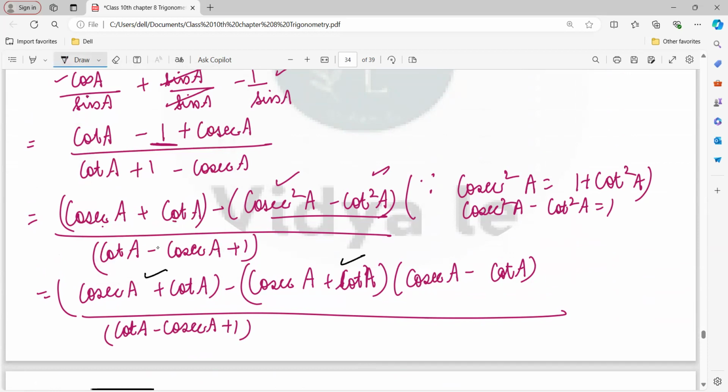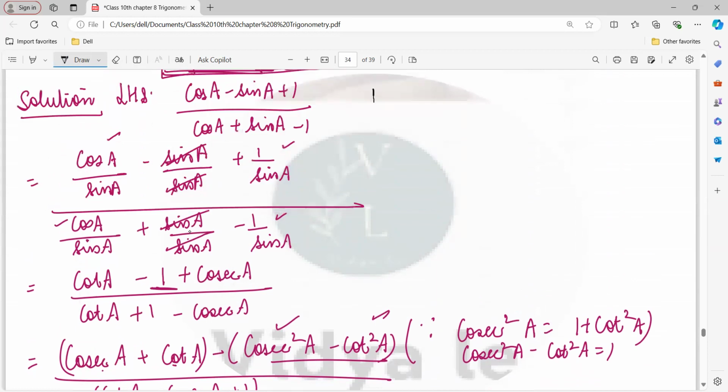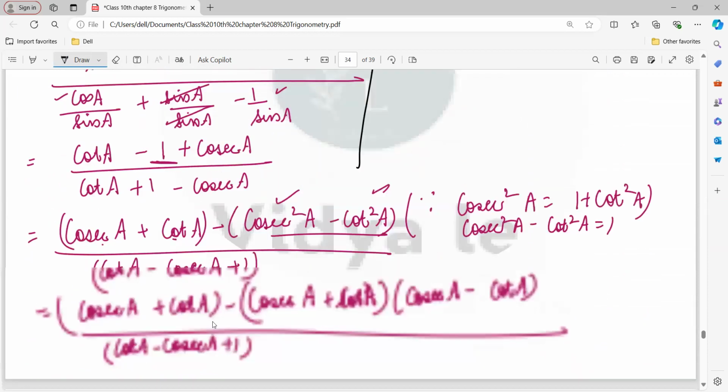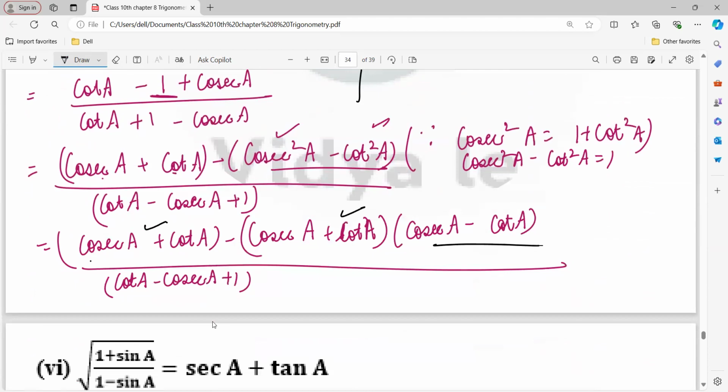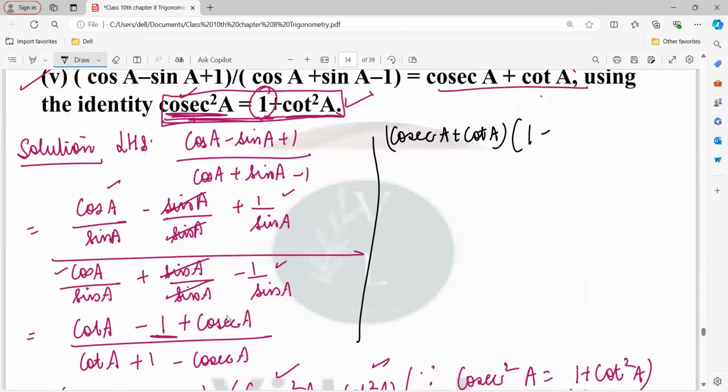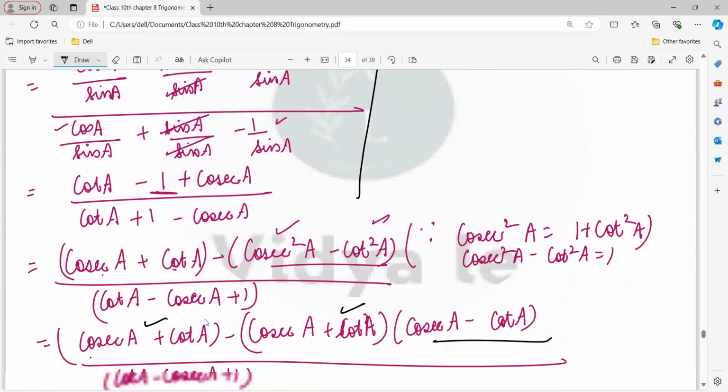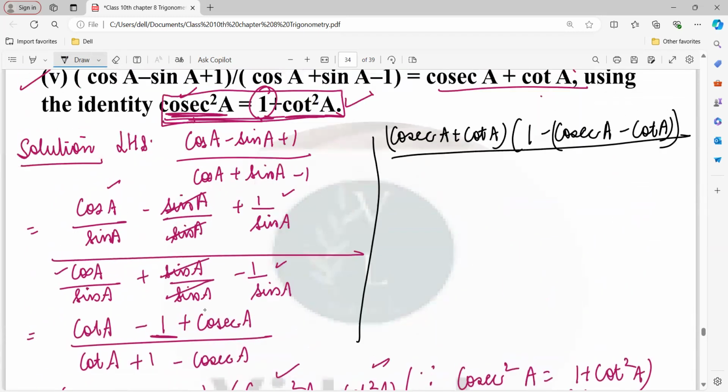So we'll take cosecant A plus cot A common. In the left term we'll get 1, and in the right term we'll get the minus term, that is cosecant A minus cot A. We'll keep it in a bracket, and in the denominator we have cot A minus cosecant A plus 1.